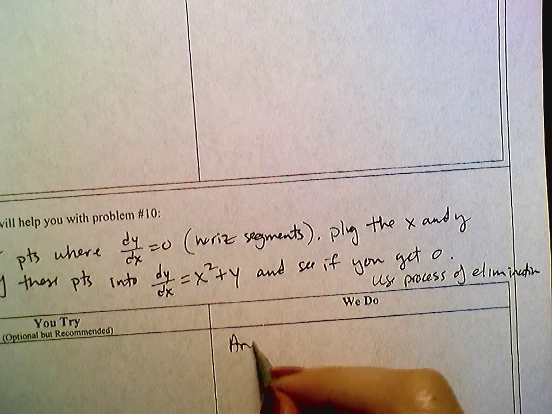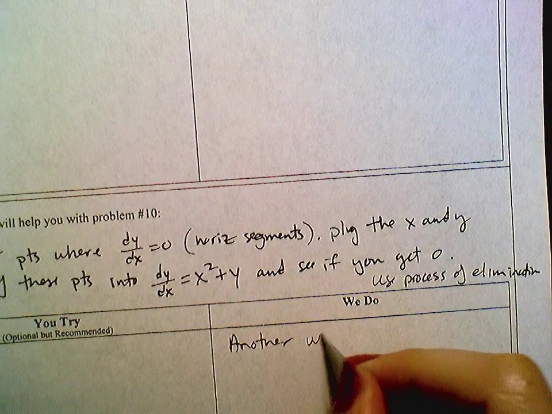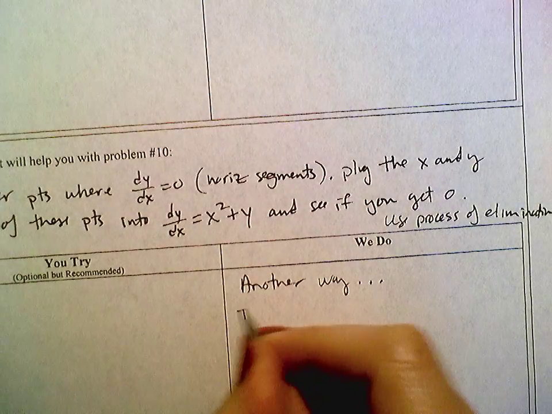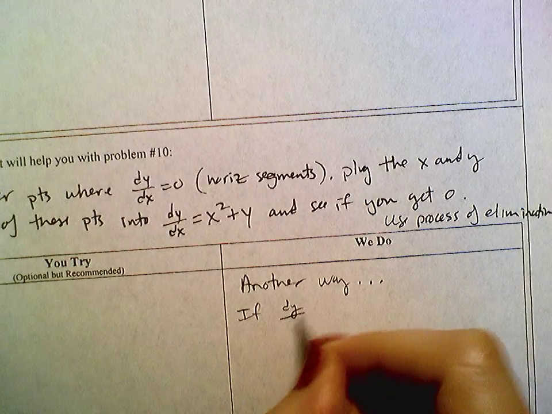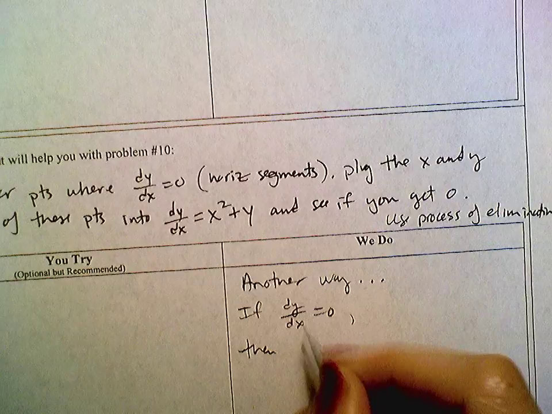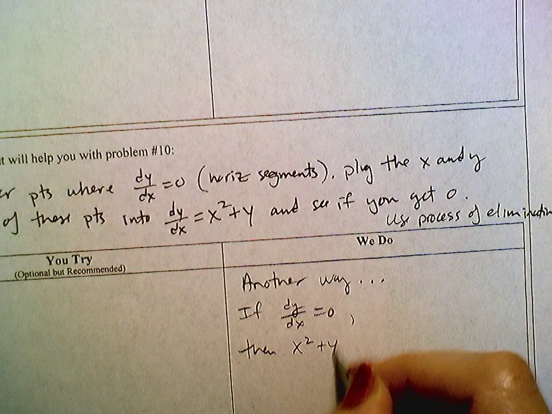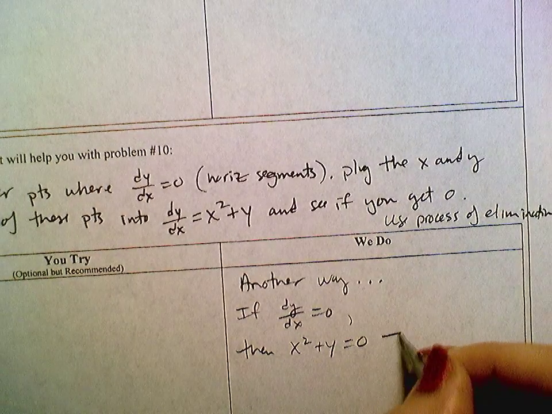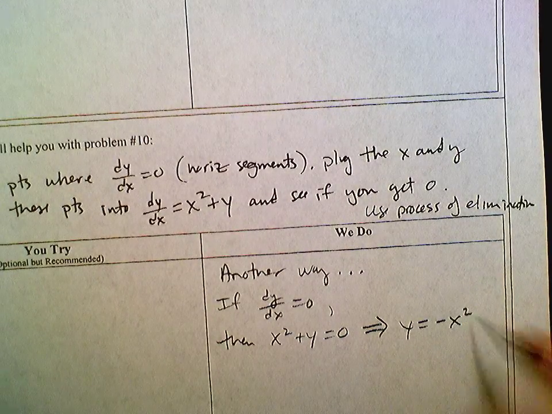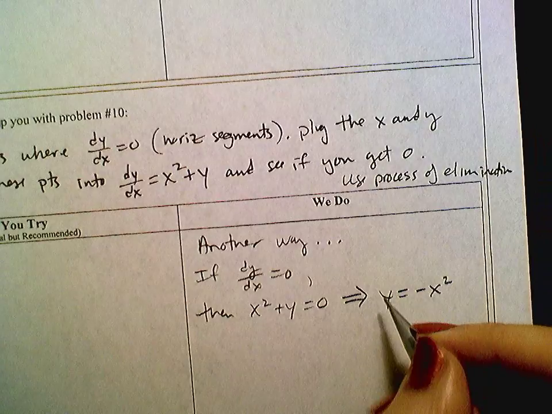Okay, so let me write another way. If dy dx equals 0, then x squared plus y equals 0, which means that y equals negative x squared, okay?